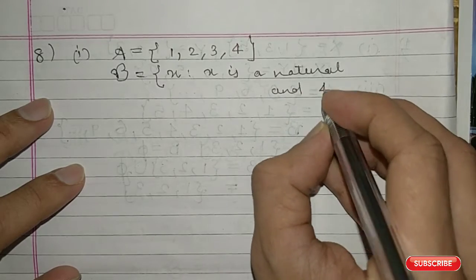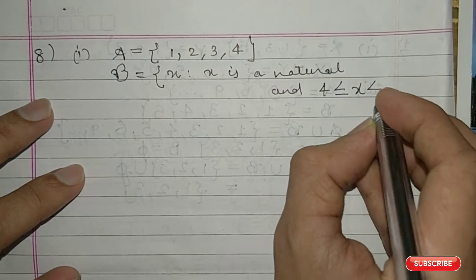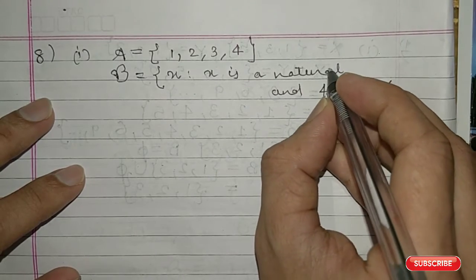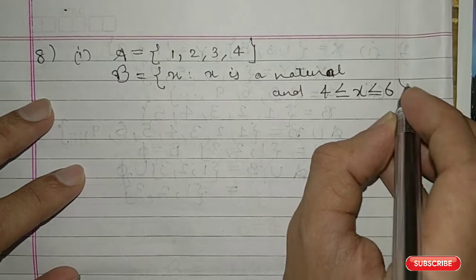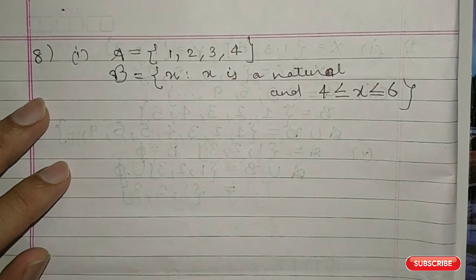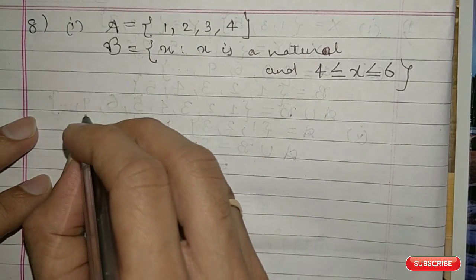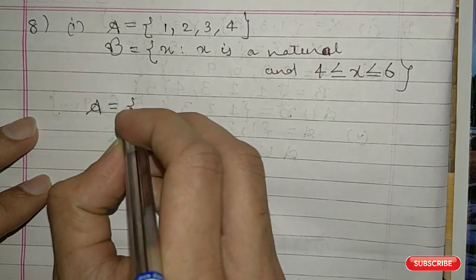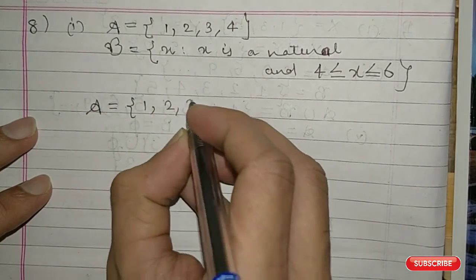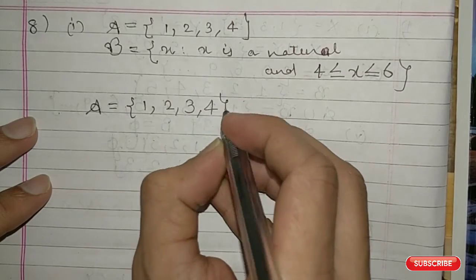Now you can see that the set A is given to be 1, 2, 3, 4.